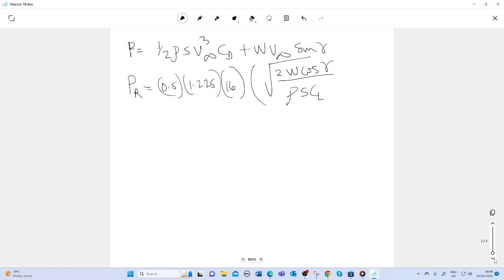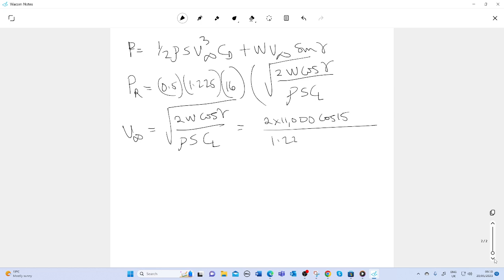Now, how do we find the velocity? The velocity equals the root of 2 W cos gamma over rho S CL, which equals the root of 2 times 11,000 cos 15 over 1.225 times 16 times 0.9.